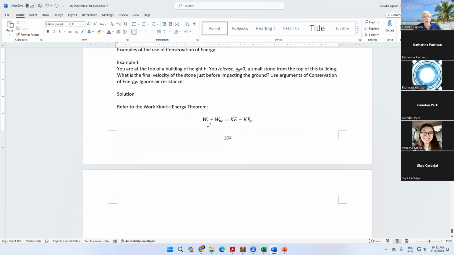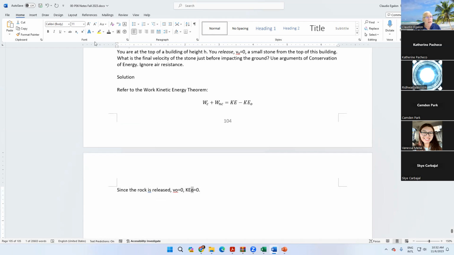The work of the conservative force plus the work of the non-conservative forces is going to be equal to the difference in kinetic energy. I already told you that since the rock is released, V naught is equal to 0, which implies that KE naught is equal to 0 as well.